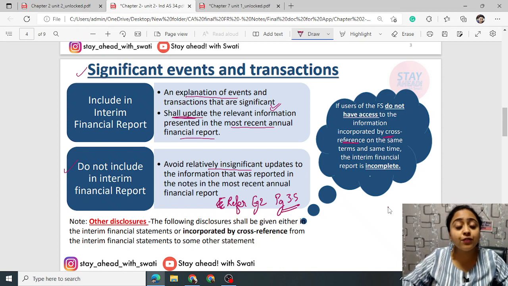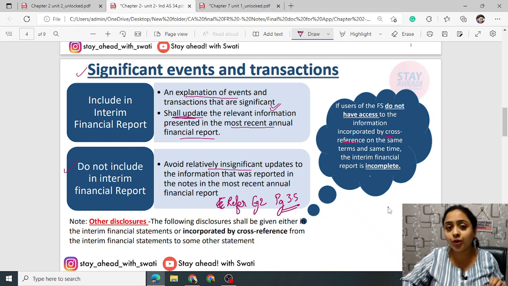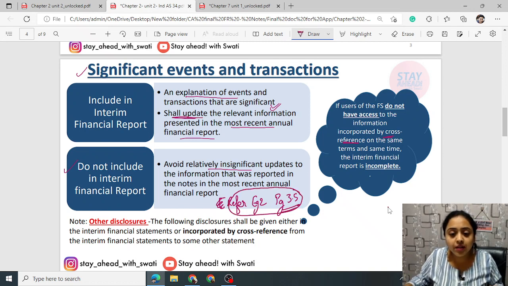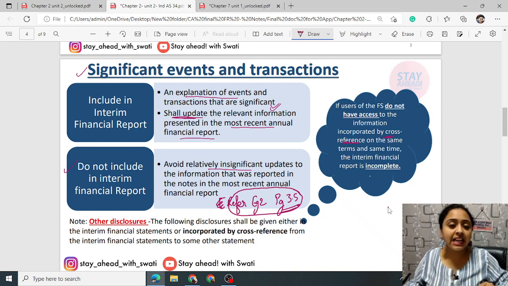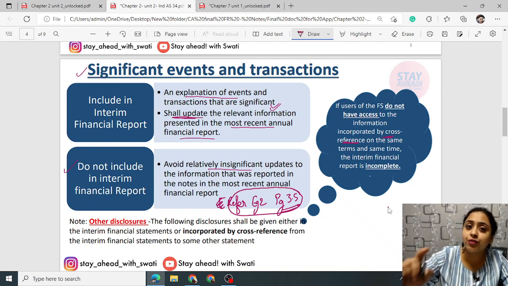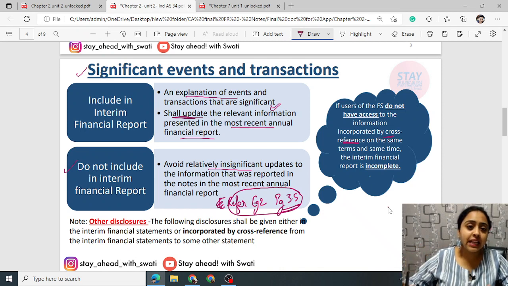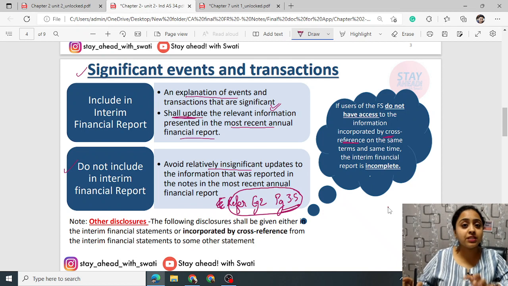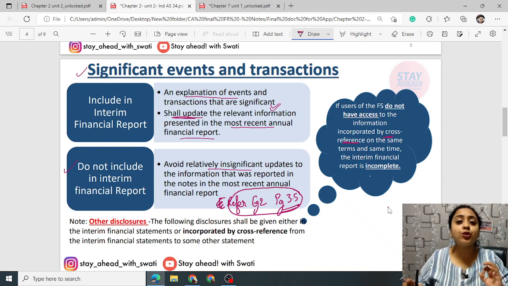But if you do not have access to that particular module, that particular page, that particular example, will this reference be valid? No. So it is stating that if any information is presented by cross reference and the user does not have access to the information that should be referred, then such financial statements will be said to be incomplete.